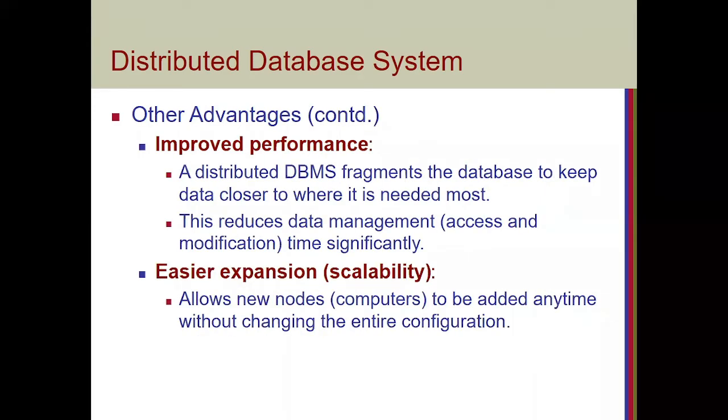Another one is improved performance. The time it takes for a Hong Kong user to interact with the New York database is a lot, and there are a lot of factors involved. So when the data is brought closer to the user, it is easier to access, and the time it takes to access this data is also reduced.